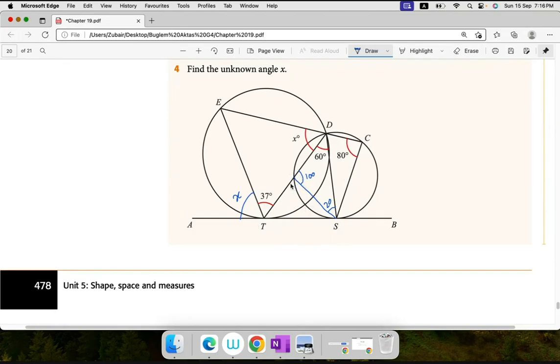Outside, this is 80. 20. Tangent. Whatever this is equal to this. If I just get this, it's almost done.